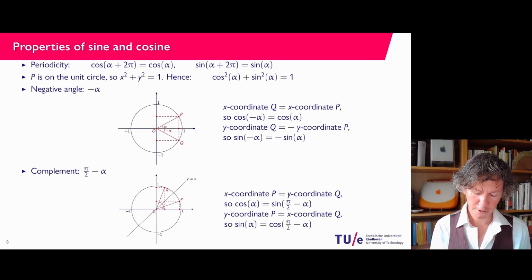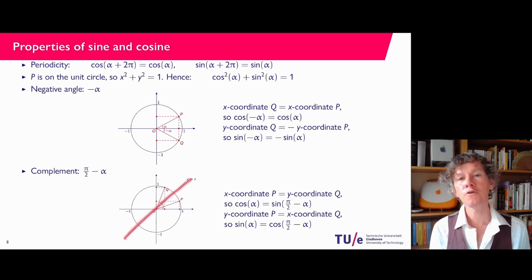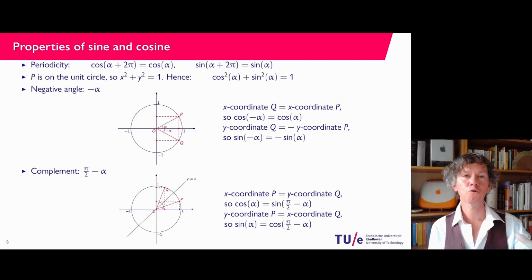A bit more complicated. If you have the point P here and the angle is again alpha with the horizontal x-axis, if I mirror the point P in the line y equals x, then hopefully you recall from high school, if you mirror in y equals x, the coordinates swap. So the x-coordinate becomes the y-coordinate and the y-coordinate becomes the x-coordinate.